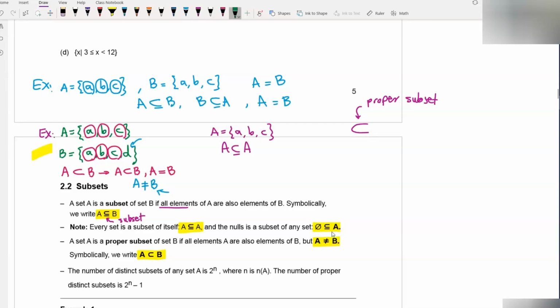But if I have this one here, that is equal to, so our sets should be exactly the same thing, in that case, we will not have proper subset. Instead, we have to say that this is subset.